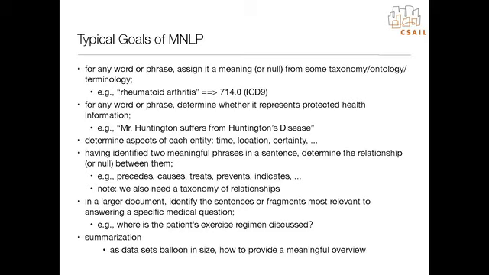MIMIC, the only way that Roger Mark's group got permission to release that data and make it available for people like you to use is by persuading the IRB that we had done a good enough job of getting rid of all the identifying information in all of those records, so that it's probably not technically impossible, but it's very difficult to figure out who the patients actually were in that cohort, in that database.